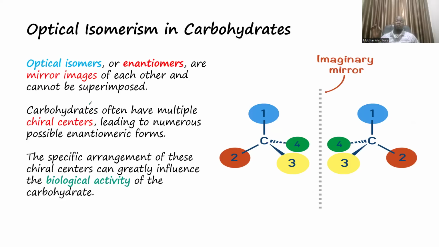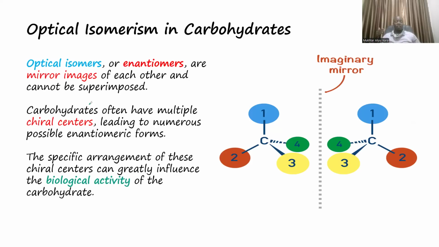Carbohydrates often have multiple chiral centers, leading to enormous possible enantiomeric forms.